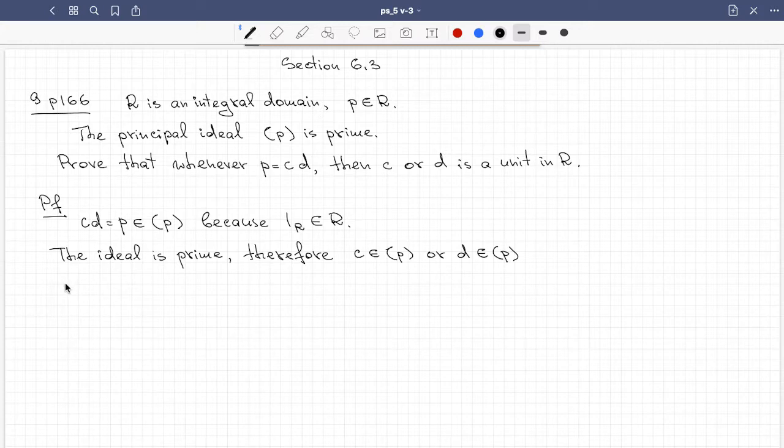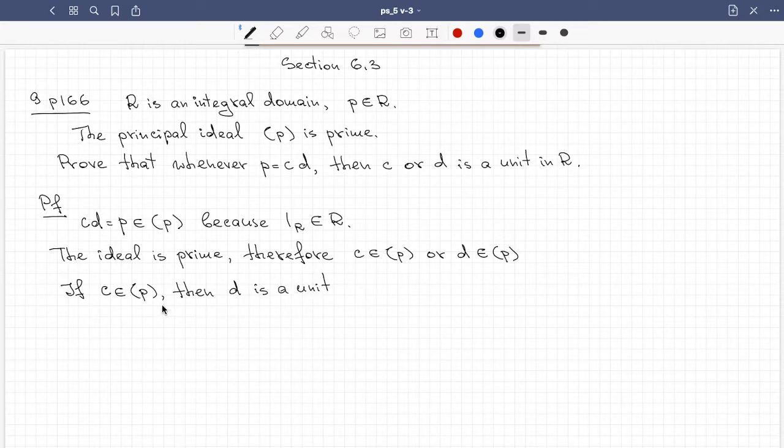I will put it this way: if C is in the ideal, then D is a unit.